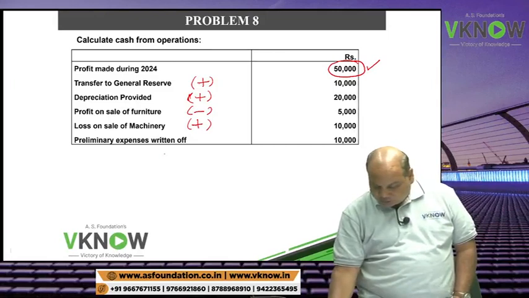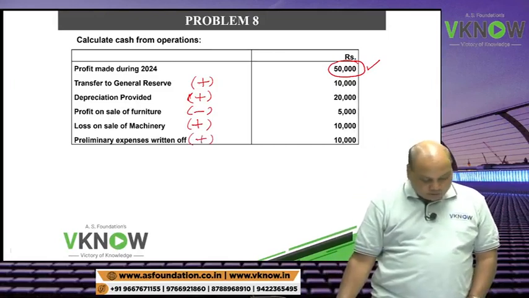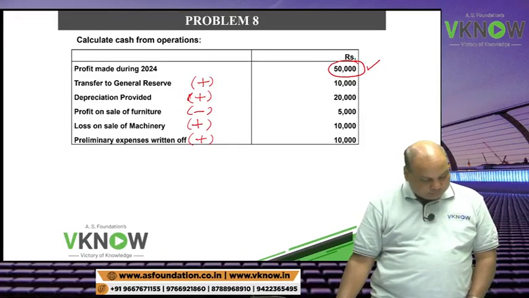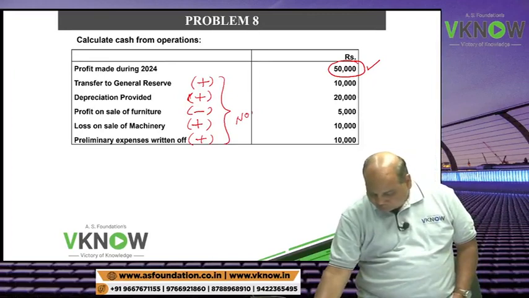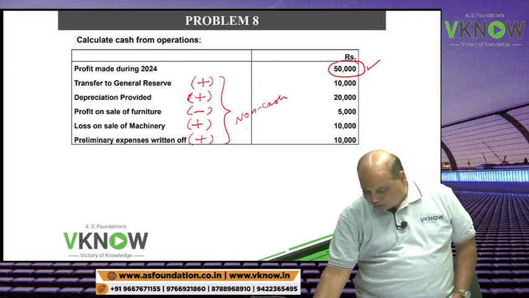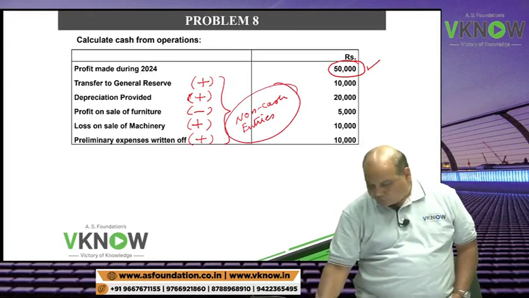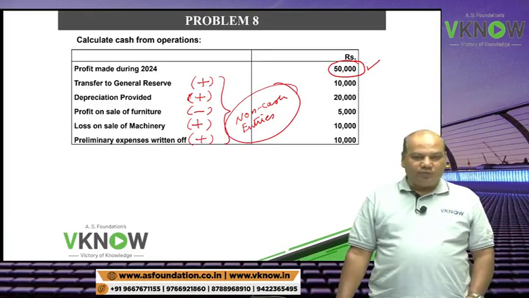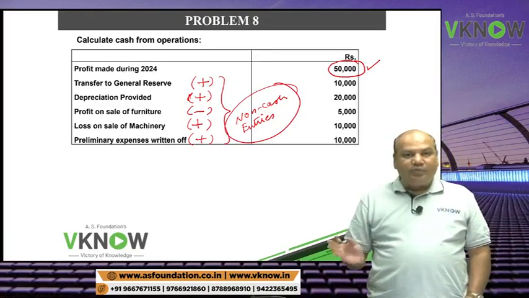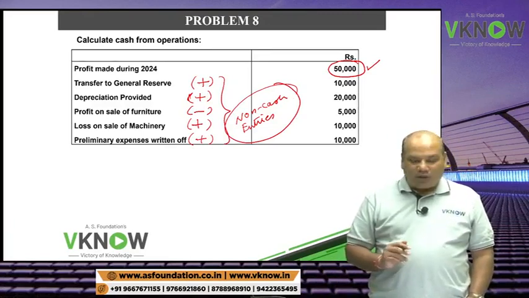Preliminary expenses written off, add back. These are non-cash entries, so they will have to be either added or subtracted. Those which are debited to P&L account, add back.